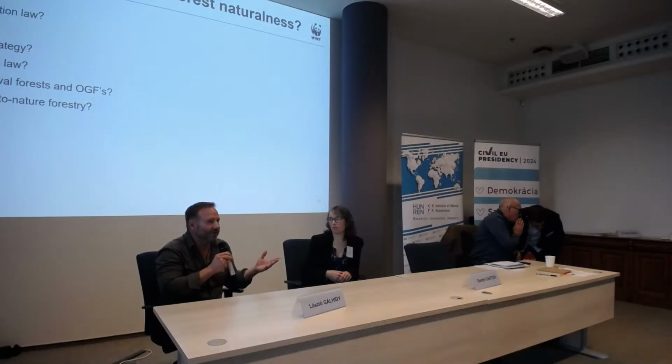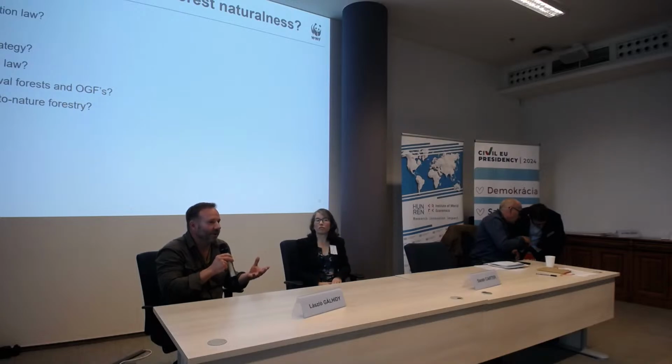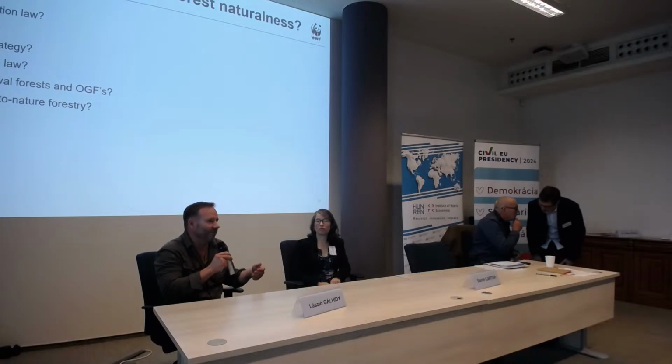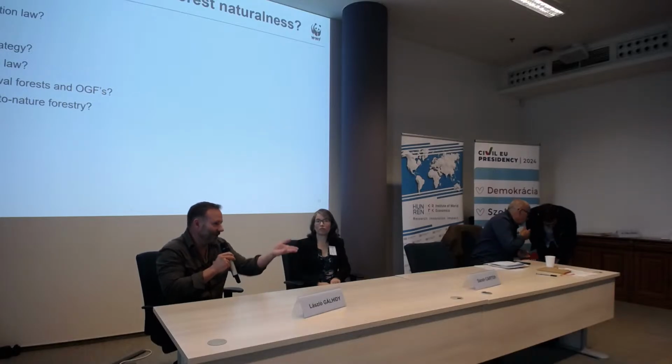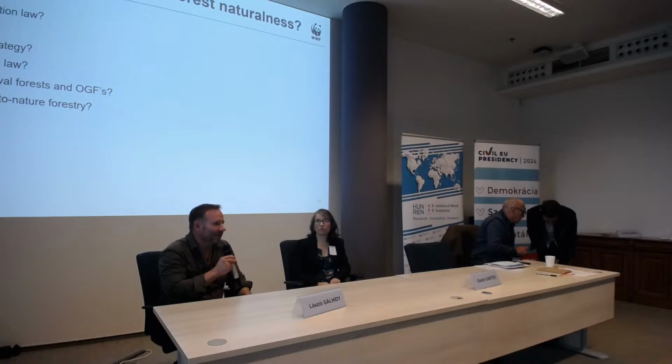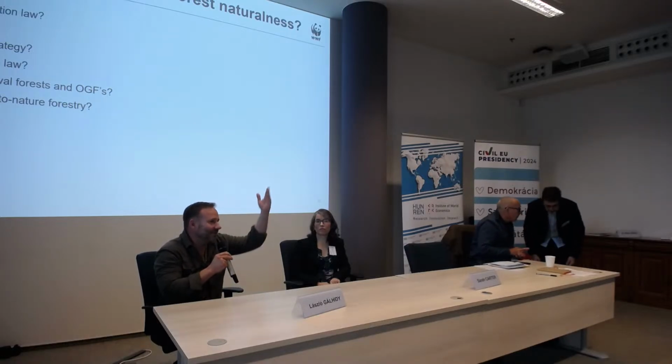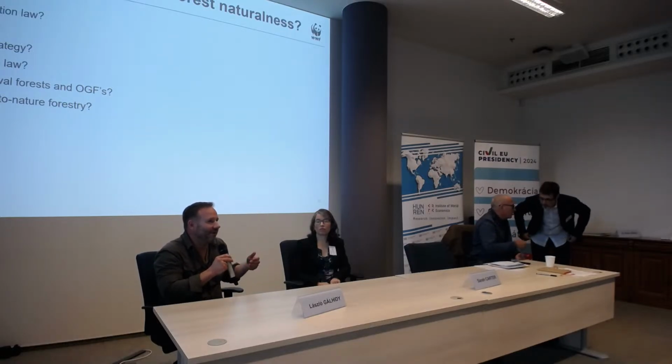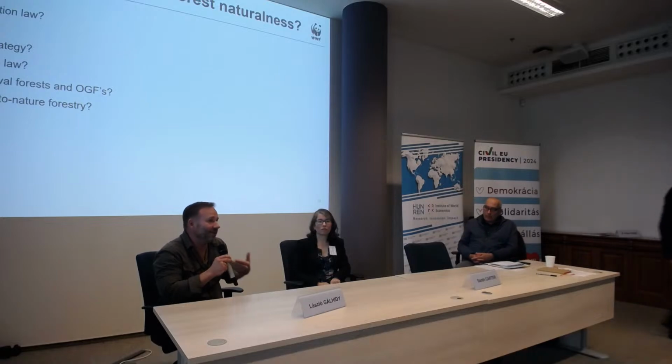So 10% strictly protected land in Central Europe is impossible. But at the same time, this nature restoration law is very weak and vague, and does not have those indicators that you have just mentioned. So that's just a huge gap.